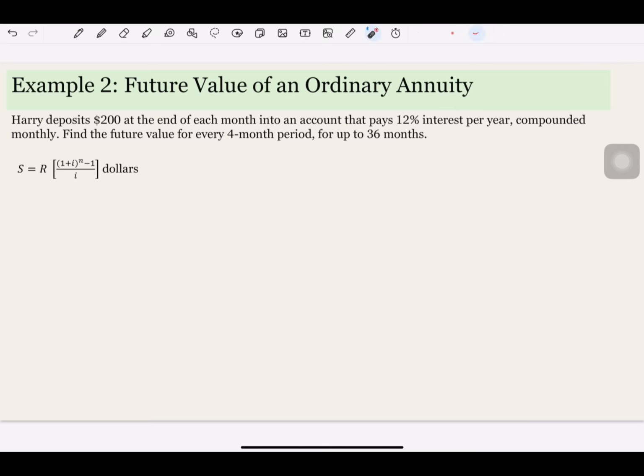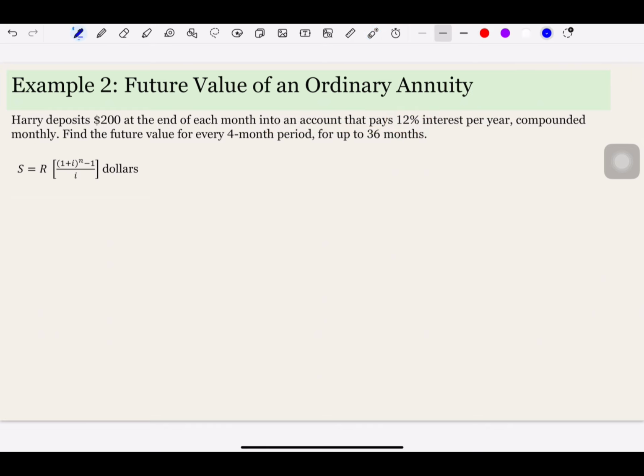Okay, so in the second example, again we have to find the future value of an ordinary annuity. So let's read this together. Harry deposits $200 at the end of each month into an account that pays 12% interest per year.